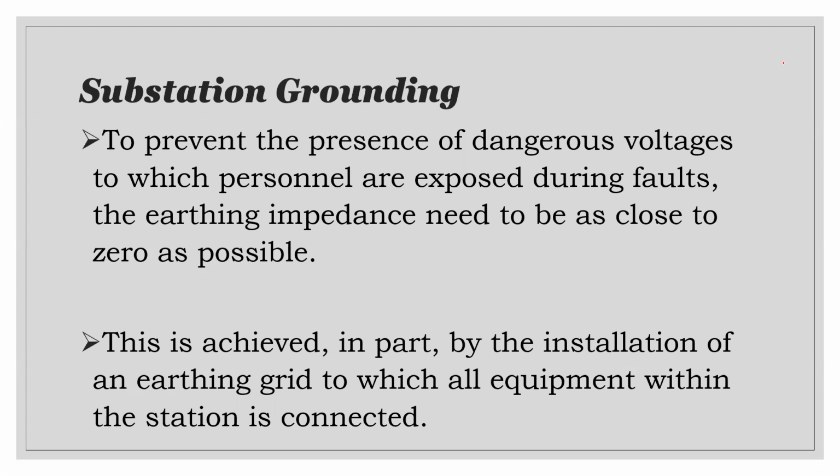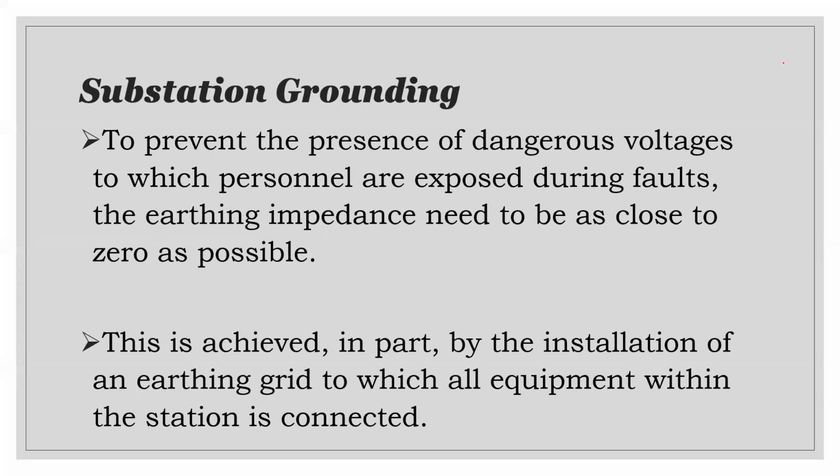Ideally, it should be zero, because we know that earth resistance is supposed to be zero. That's not usually the case. So ideally, the earthing resistance within your substation should be about 1 ohm, right? 1 to 5 ohms, but let me just say 1 ohm, all right?